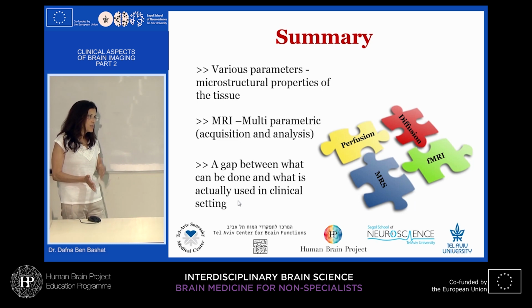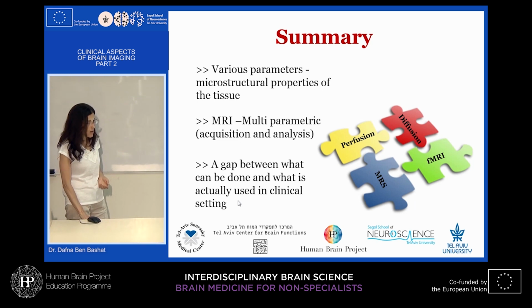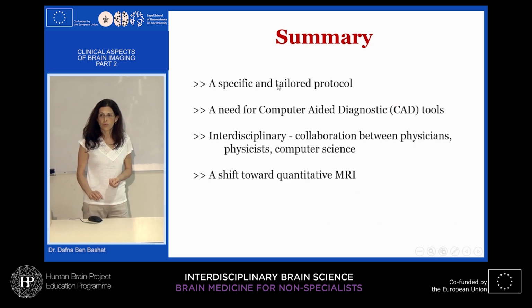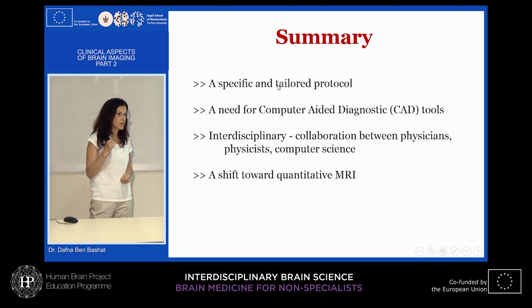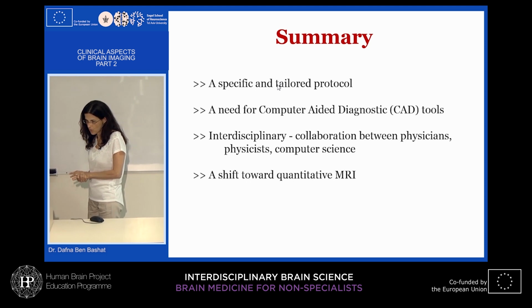If a radiologist has 5 minutes to read images, he won't sit and do all the analysis. As things progress, the time of running the system and analyzing the data becomes more complex. Building this protocol is what we need to know. We need to have a specific, tailored protocol. We need to know what the clinical question is, what the problem is, and then tailor the right protocol.